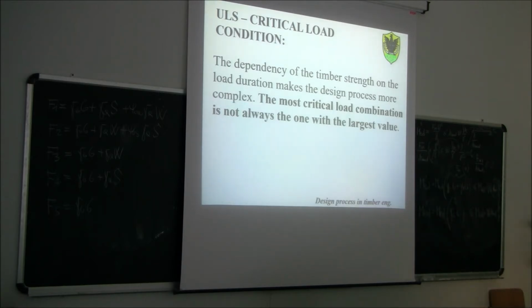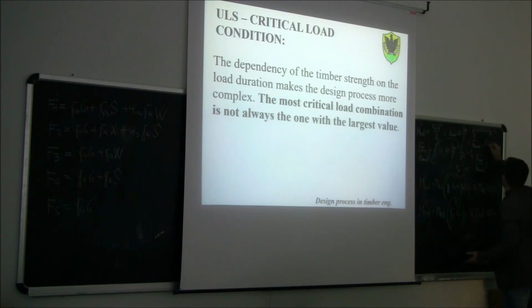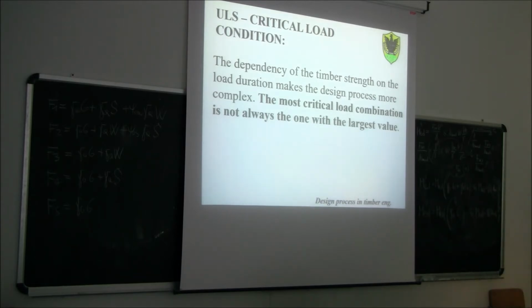And then if you have another one, FU3 divided by K mod 3, always less than the same quantity C. Suppose you have another 20 of those load conditions, the constant C is always the same. So maybe we found the criteria. What could be the criteria?